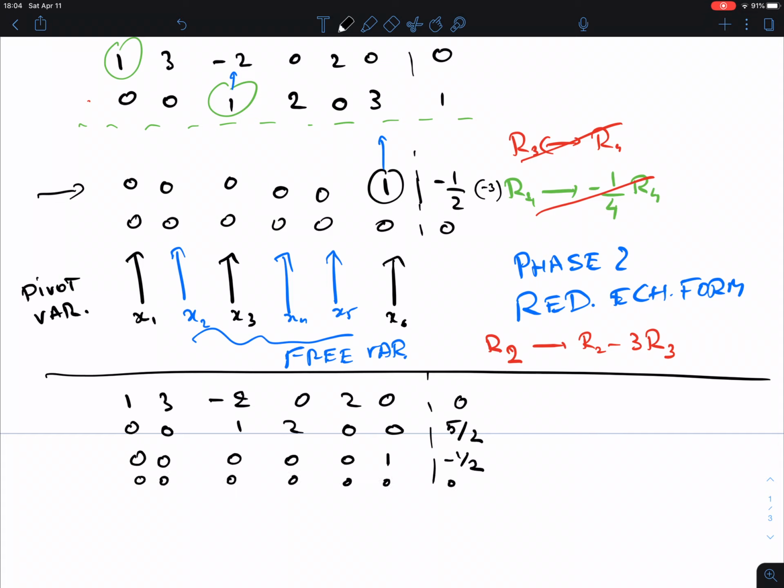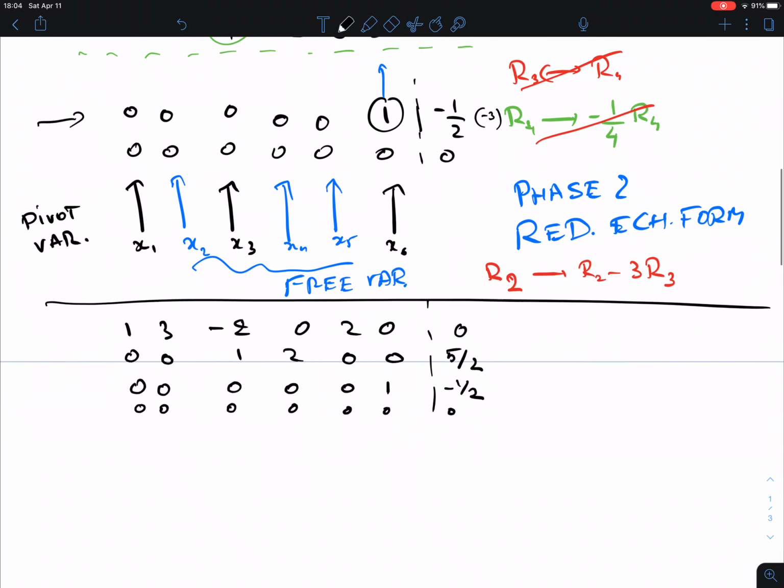I don't care about that really anymore, but I still keep writing it, for a reason, because you'll see in part 2 that we want to keep track of this somehow. Okay, so that takes care of this pivot. So the next pivot is this one, and this is the guy that I want to get rid of.